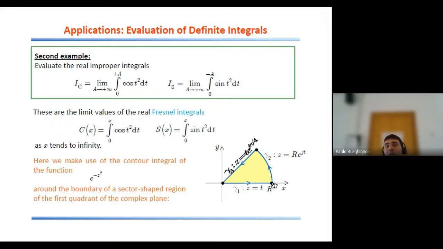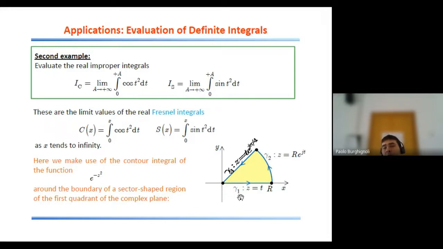Then we go along a circle with radius r, from the real axis up to the bisectrix of the first quadrant, where the argument of the complex numbers is equal to pi over 4. And then we come back to the origin through this bisectrix, and that's gamma 3.